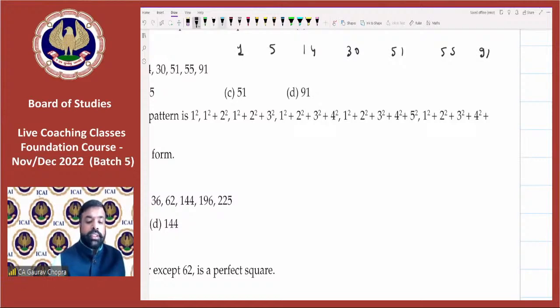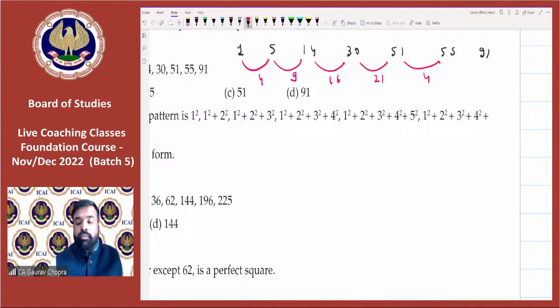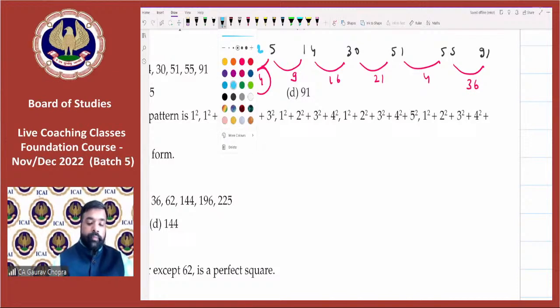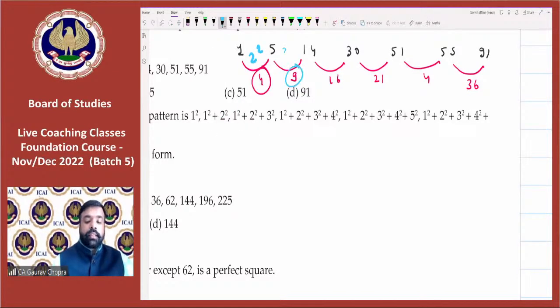These are not perfect squares, and there are no equal gaps, but we can see what the gap is. From 1 to 5, it is plus 4, then plus 9, plus 16, then 25, and then 36. So 4 is basically 2 square. Then 9 is 3 square. 16 is 4 square.